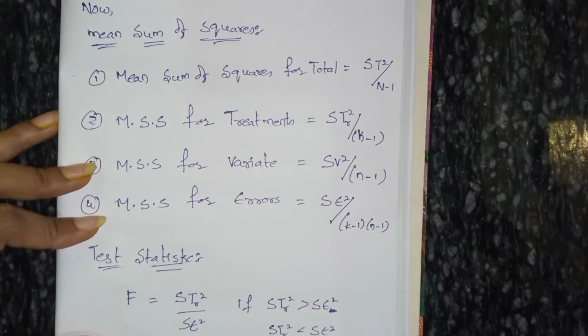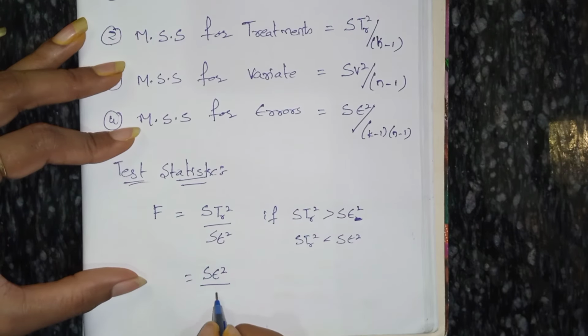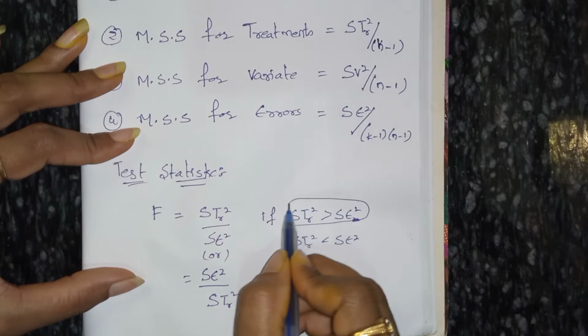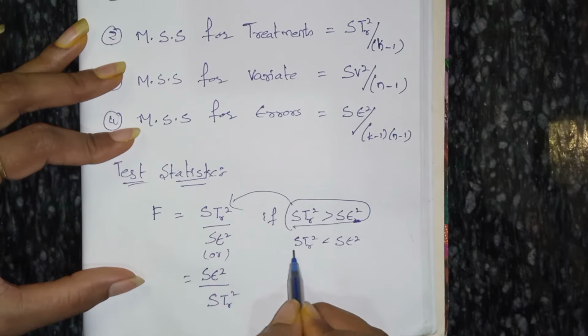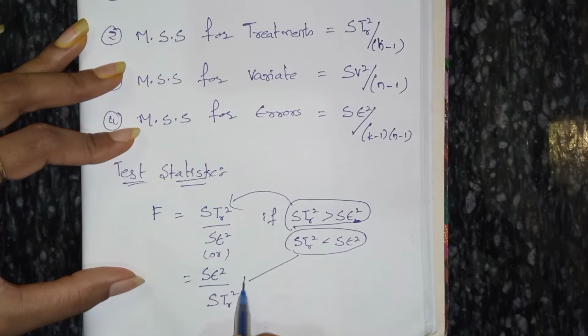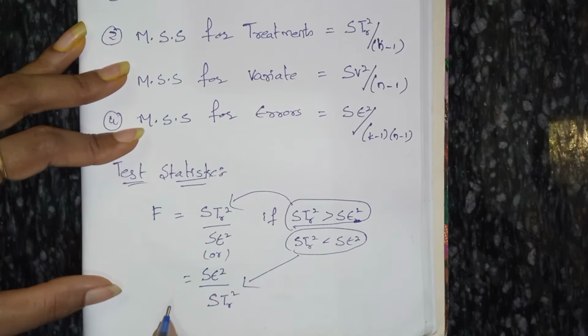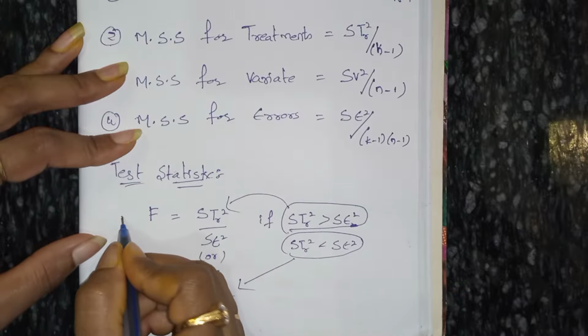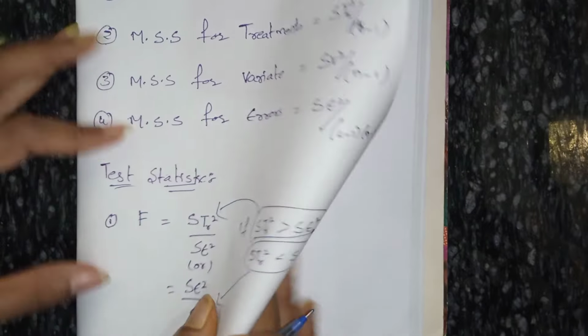SE square by STR square. So in this case you write this one, and in that case you write this formula. Here you will have two formulas because you are going in two directions, not one-way Anova.